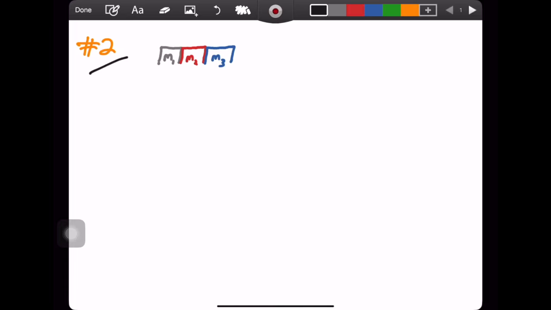So what I'm going to do is illustrate there's going to be 3 masses as you see here, and the first mass M1 equals 1.0 kilograms. The second mass M2 equals 2.0 kilograms, and the third mass M3 equals 3.0 kilograms.